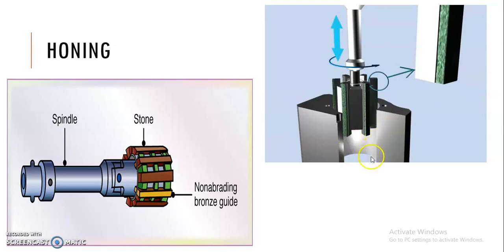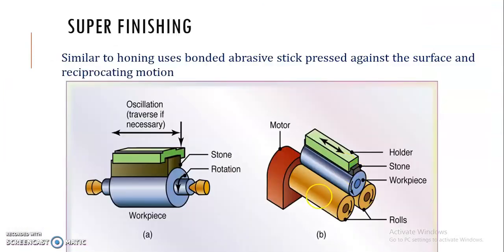Suppose the stroke length is capital L. This stroke length requires a high speed, and it has to travel a large length, whereas this stone has very rapid high frequency, but it will travel exactly half the length of the honing tool travel. Because of this rapid travel of the stone and very short stroke length, you can get a very smooth surface finish.